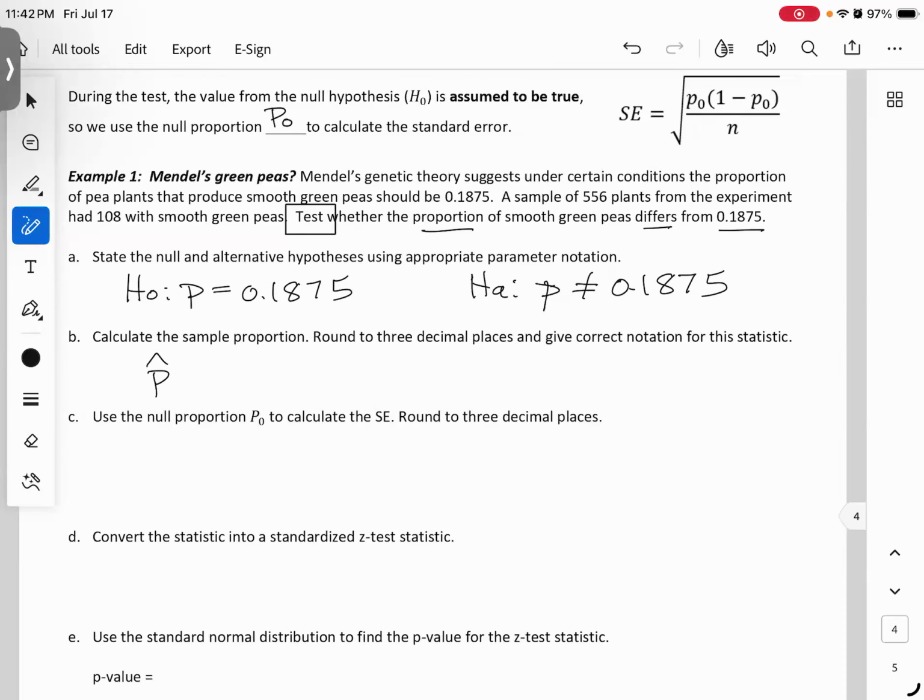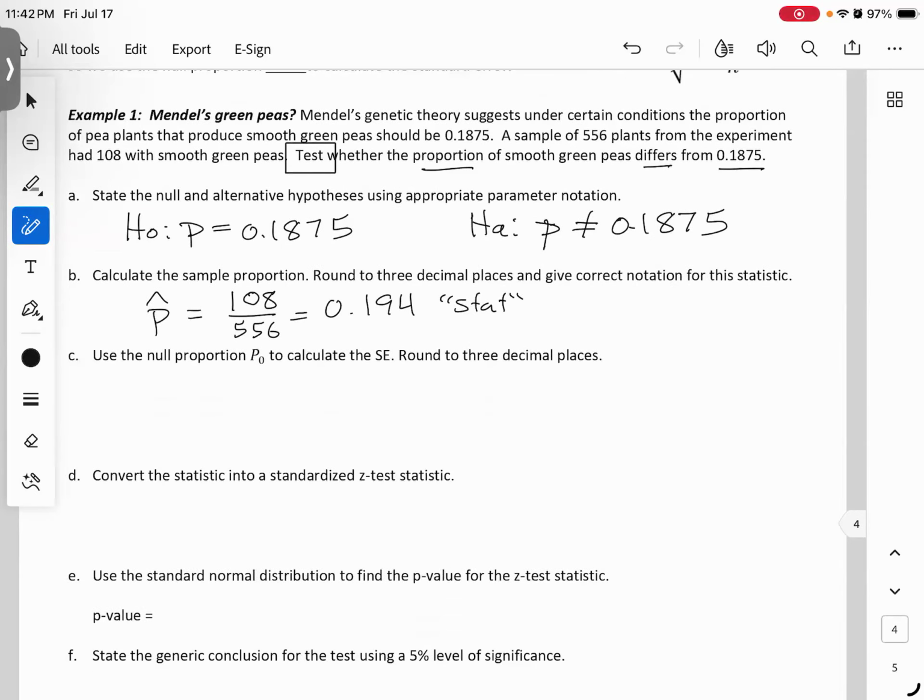And as far as the sample, what happened was 108 out of 556 had the smooth green peas. So what we're going to do is divide it, and that right there is our statistic.